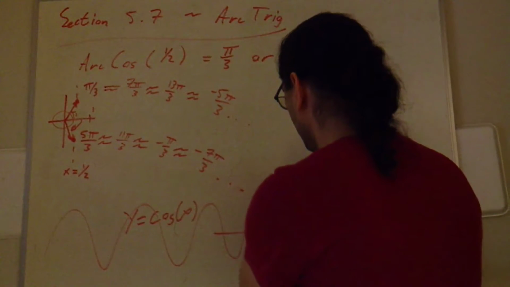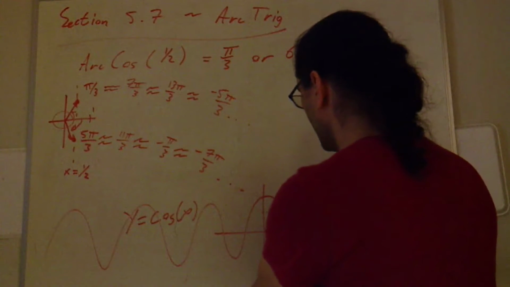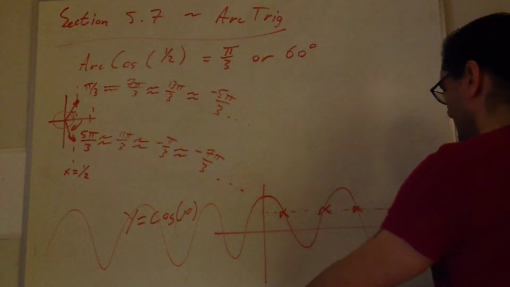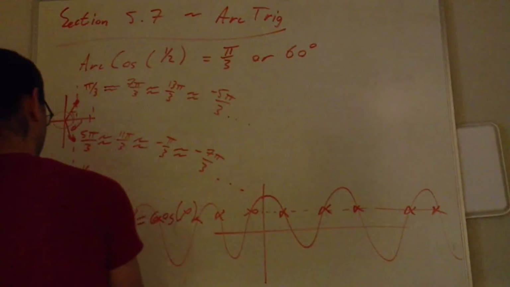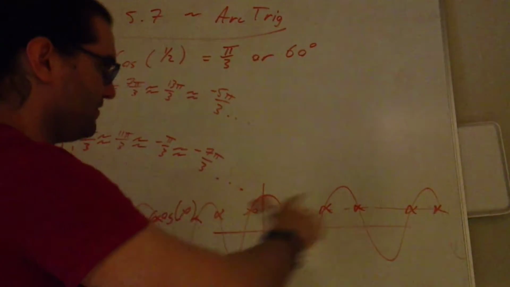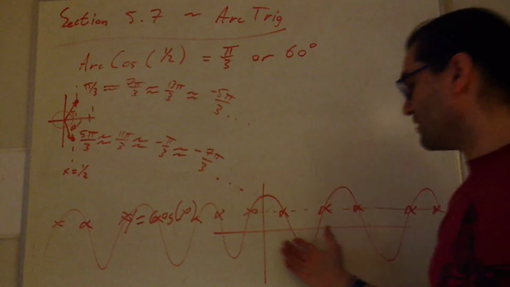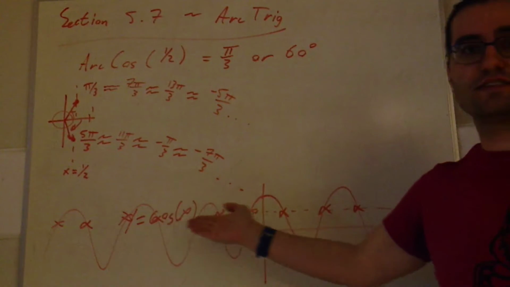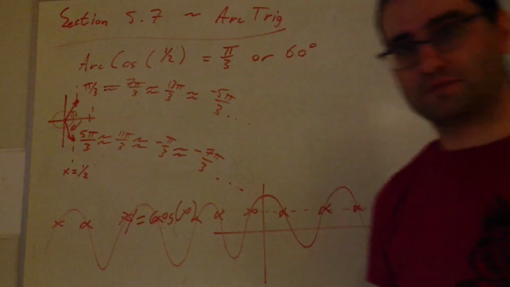It's going to hit 1/2 as its cosine value here, and here, and here, and infinitely many other places. The number of angles that have a cosine value of 1/2 is infinite, which is a problem for us.